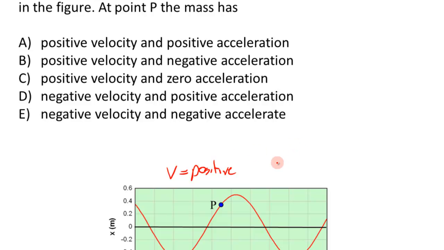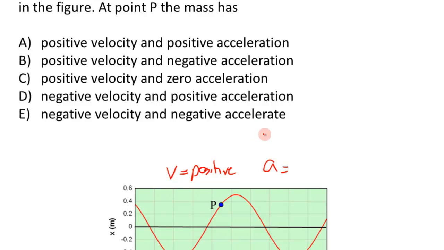Acceleration, on the other hand, we could differentiate twice, or again, we could reason through it. The rule of thumb is just that the acceleration is in the opposite direction of the displacement. Where does this come from? If you have a mass on a spring and you displace it away from the equilibrium position, the spring wants to apply a restoring force that takes it back to the equilibrium position.